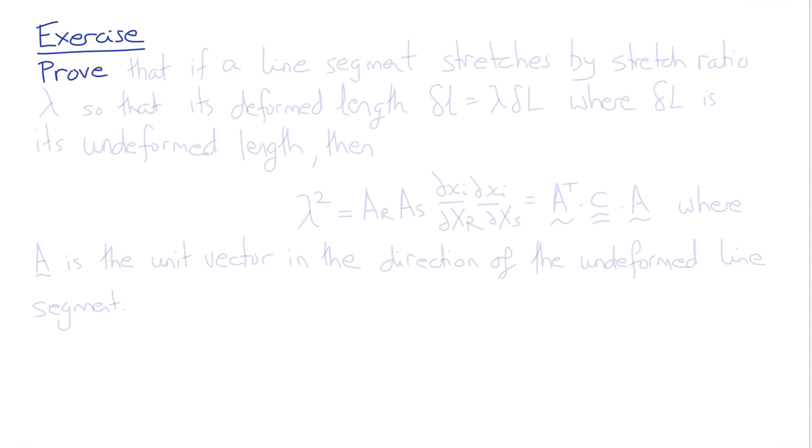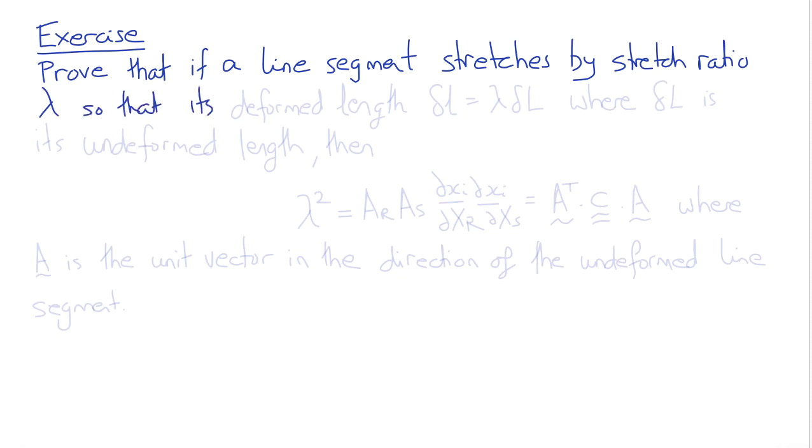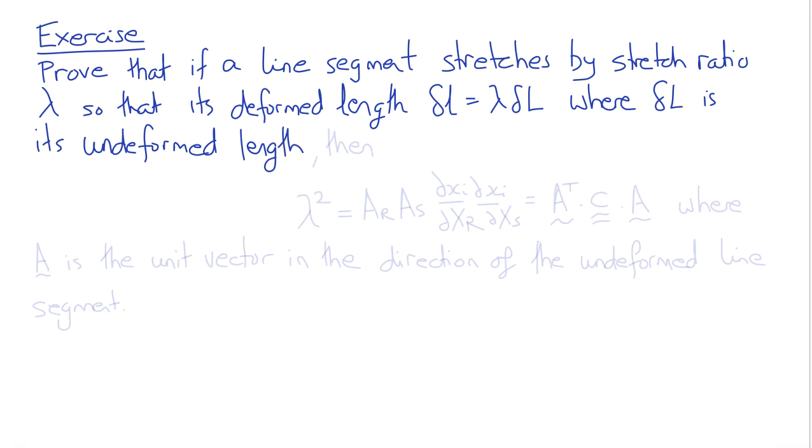This next example is more of a proof or exercise, and the exercise is to prove that if a line segment stretches by a certain stretch ratio λ, such that it is deformed from an undeformed length of ΔL to a deformed length of Δl, so that Δl equals λΔL, where ΔL is the undeformed length, then λ² is equal to A_R A_S (∂x_i/∂X_R)(∂x_i/∂X_S).